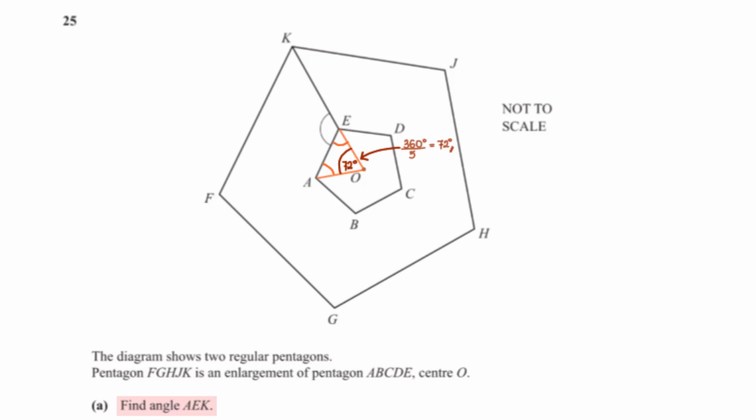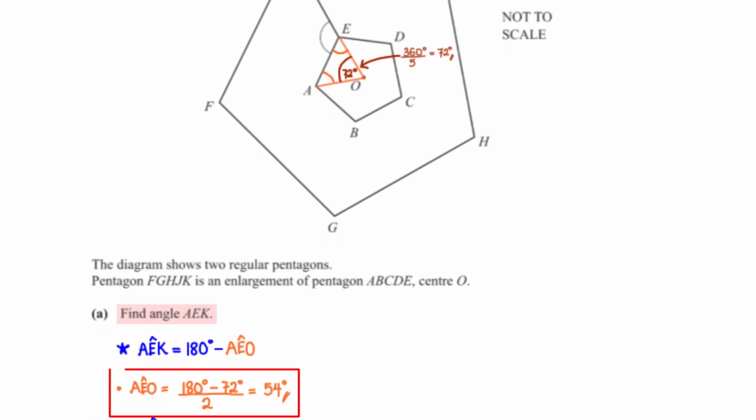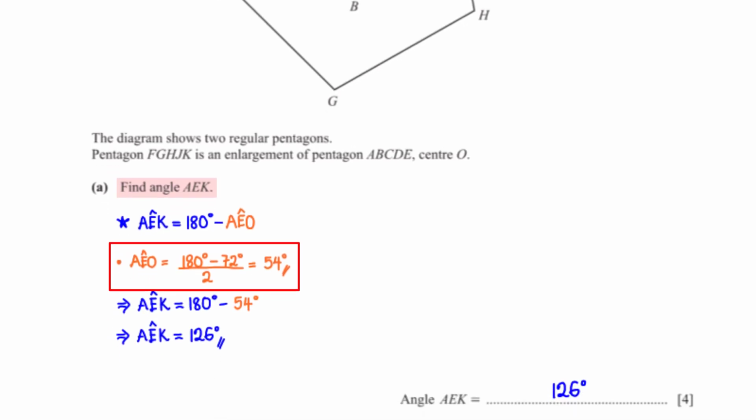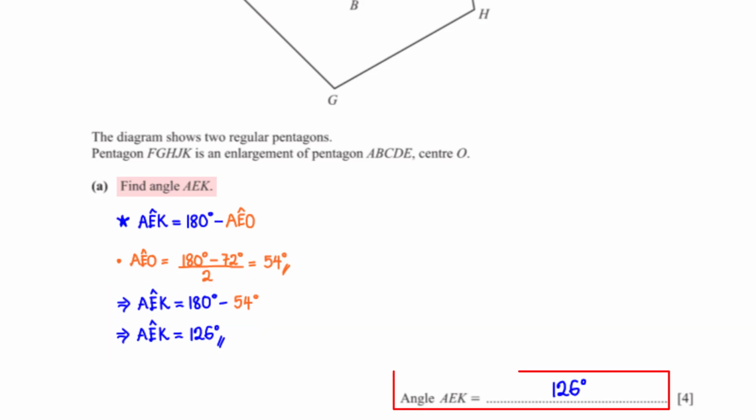Base angles in an isosceles triangle are equal. And so to get angle AEO, we subtract 72 degrees from 180 degrees and divide by 2, which is equal to 54 degrees. So now angle AEK is 180 degrees minus 54 degrees, which is equal to 126 degrees.